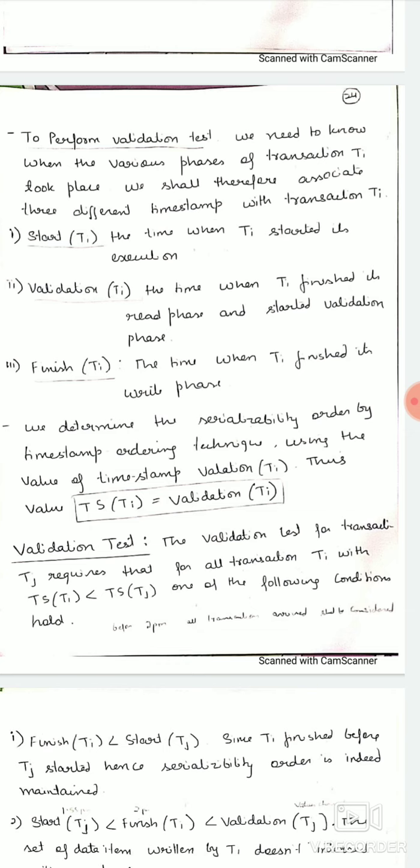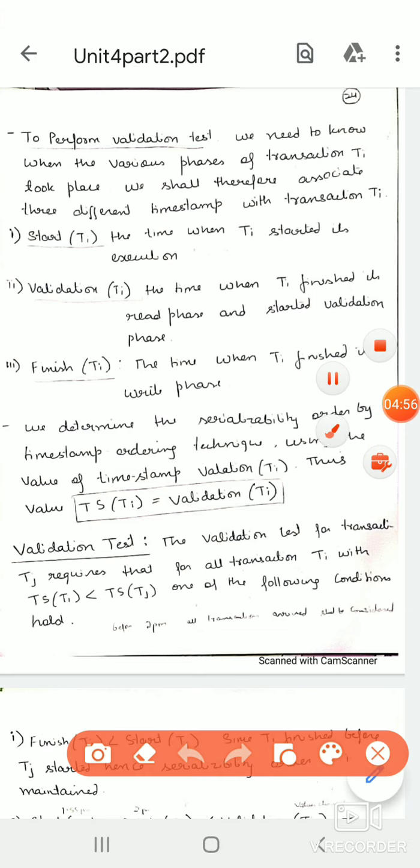Each transaction will be given a timestamp. Those are the 3 different timestamps for Ti: start timestamp, validation timestamp, and finish timestamp. Each of your transactions will be in one of these three stages to go through the validation test. First is Start(Ti), the start timestamp.